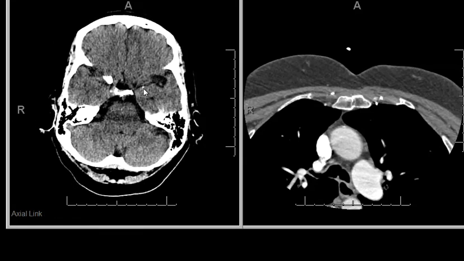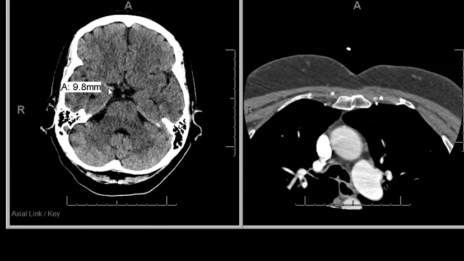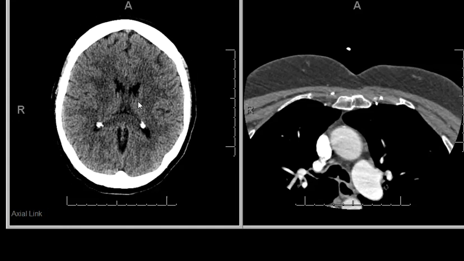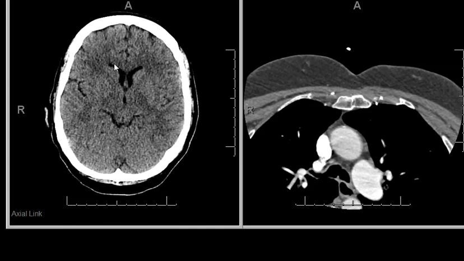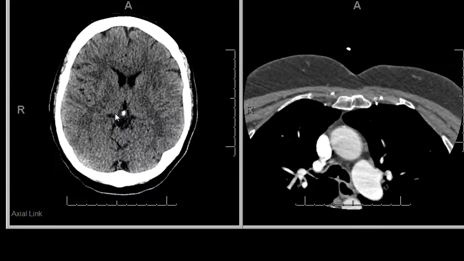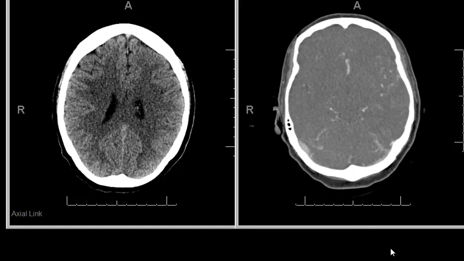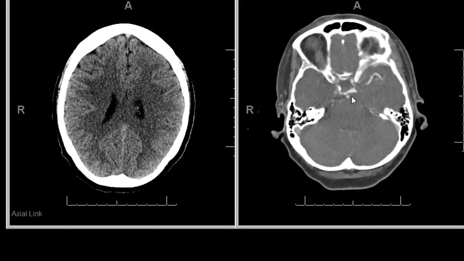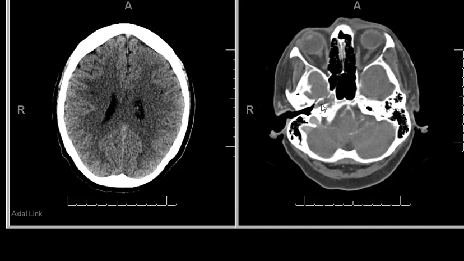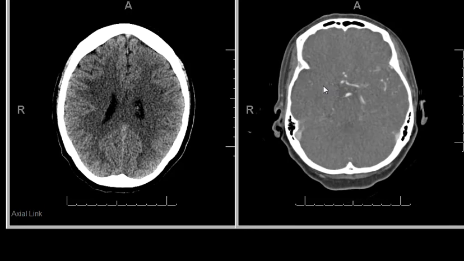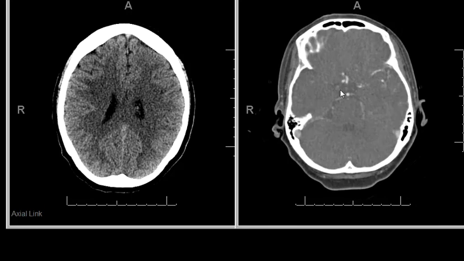I read this case remotely, seeing this hyperdense MCA sign that corresponds to the patient's symptom without much evidence of dead brain tissue. At the same time, they did the CTA, which showed decreased flow in the right ICA and then an occluded right MCA.